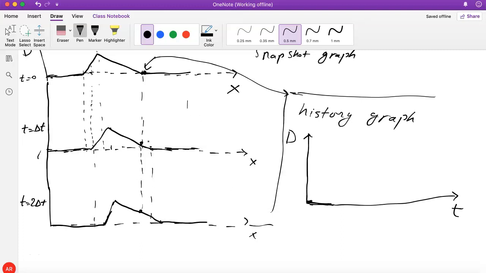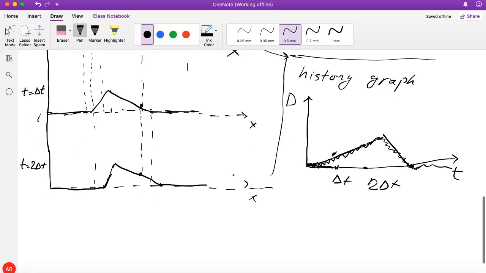At t equals delta t, so let's say I go here, that's delta t, it's going to be this height over here, maybe like that. At t equals 2 delta t, it's here. So it goes up like this until it reaches that peak and then comes down. So it's going to be the mirror image of the pulse shape. And then once the time passes from here, it will remain 0 because the pulse just goes through.